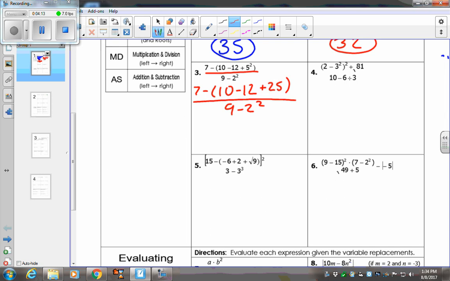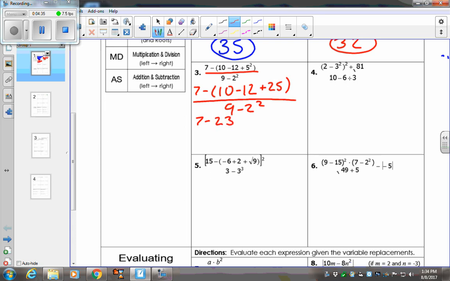I don't have any multiplication or division. So I'm going to do 7 minus, what's 10 minus 12 plus 25? 23.